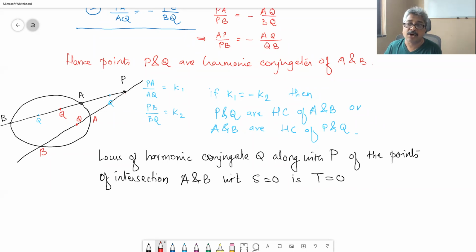And if you collect all the unique positions of the harmonic conjugate of Q along with P with respect to A and B, then you will find that it is a straight line, and that straight line is the same as the chord of contact, the polar of P.